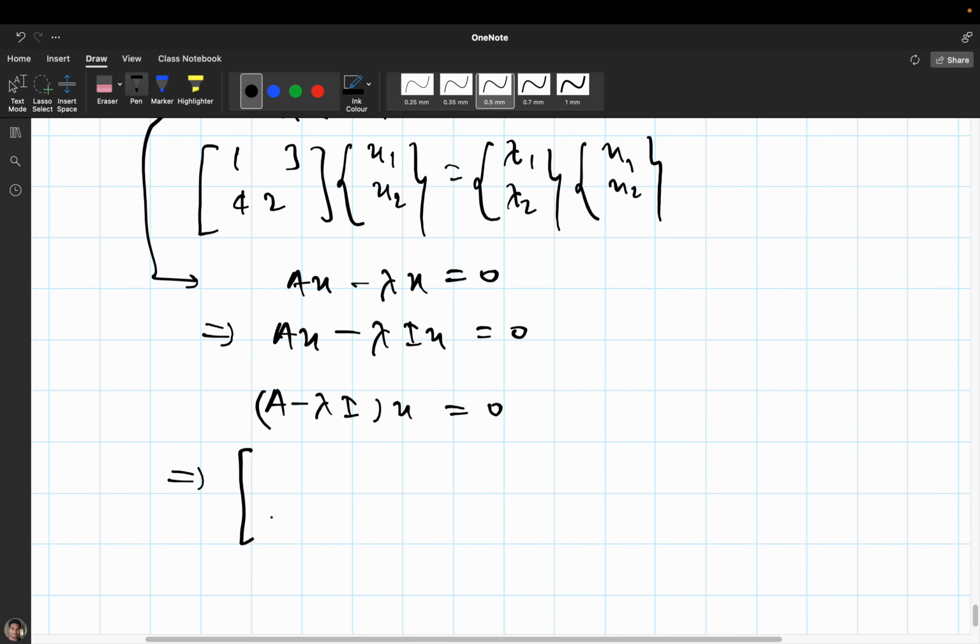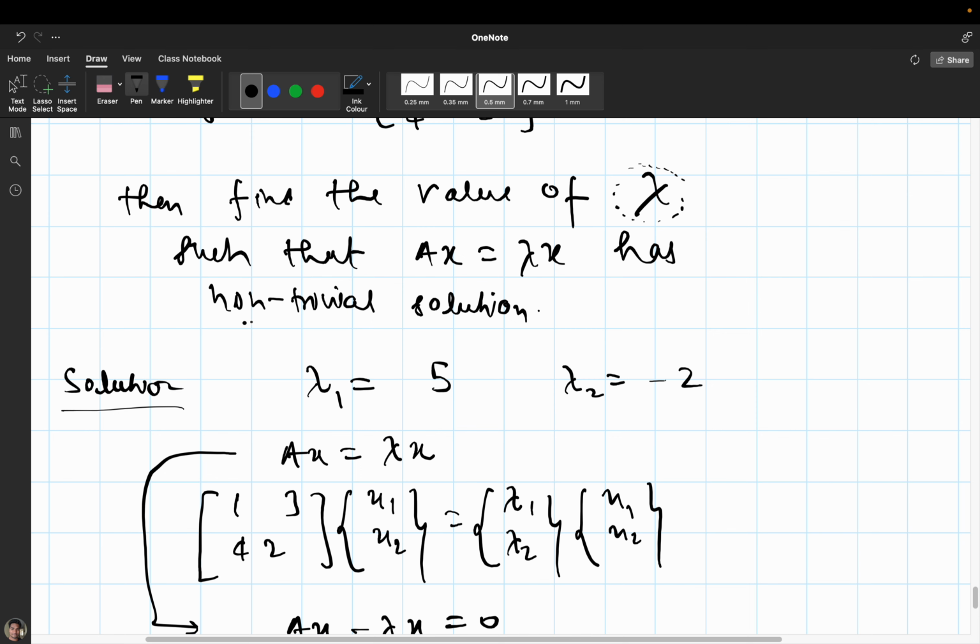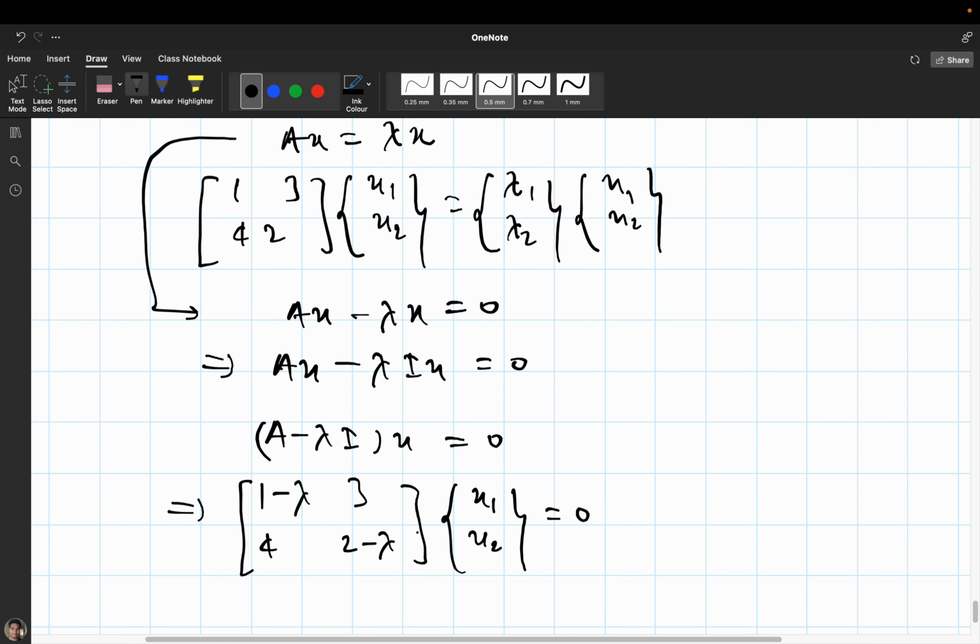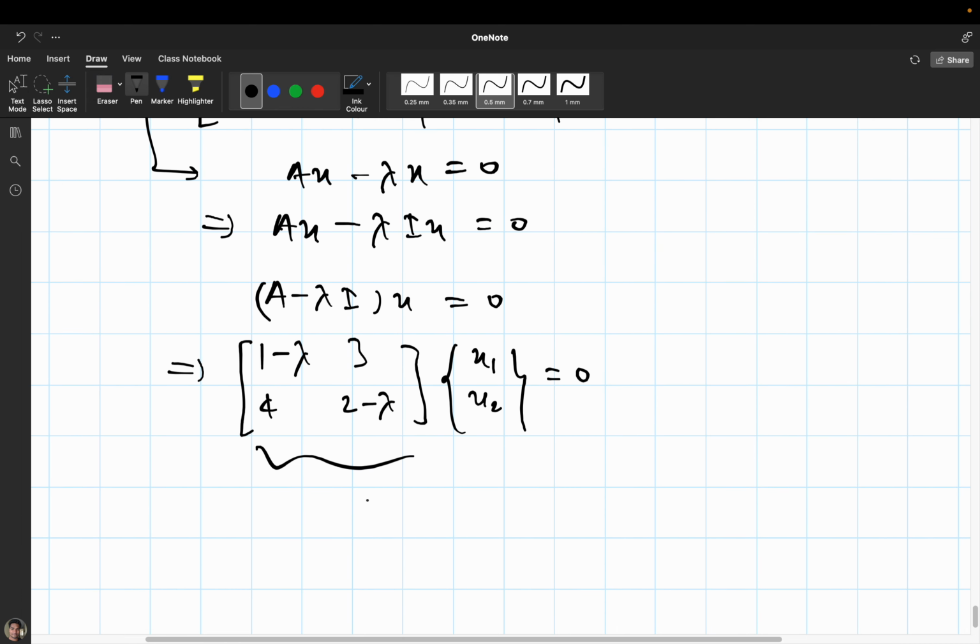Now what is A minus lambda I? That is nothing but 1 minus lambda, 3, 4, 2 minus lambda, and that times x1 and x2 equal to 0. Now it is asking, I need a non-trivial solution, which means that this is a kind of Bx equal to 0, where B is this matrix and x is this.